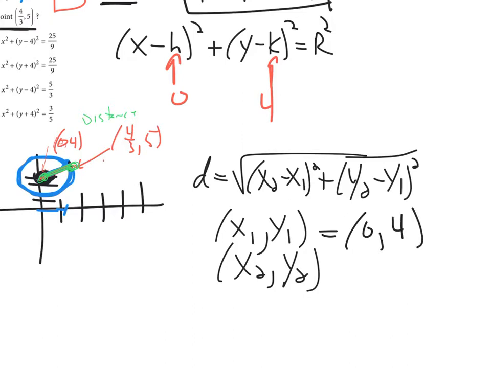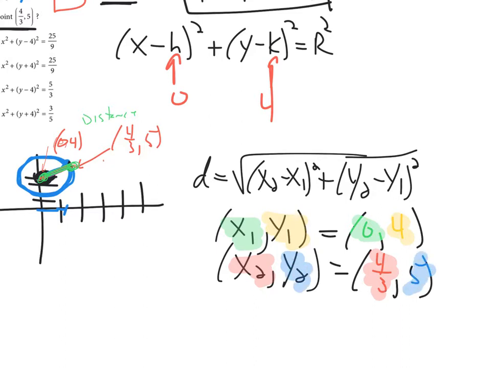So here x1 is 0, y1 is 4. And then x2, y2 will be 4/3, 5. So here x2 will be 4/3, and y2 will be 5.